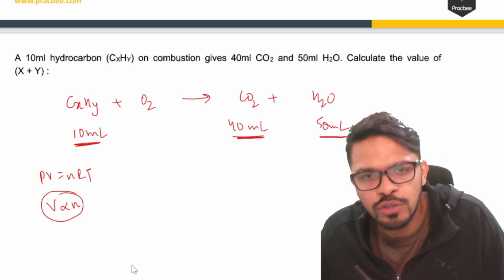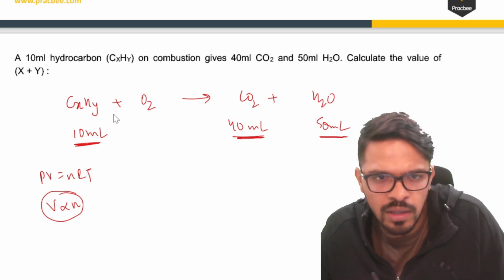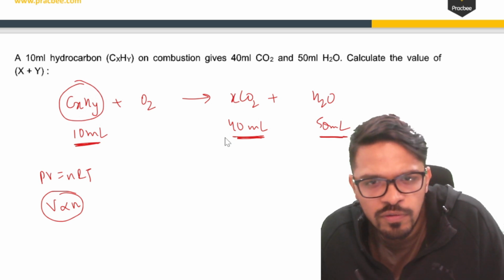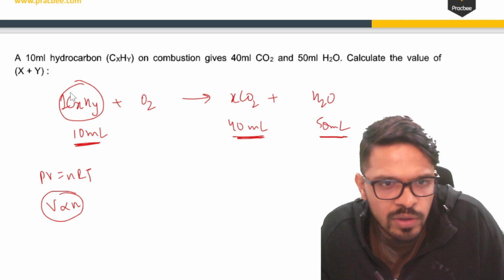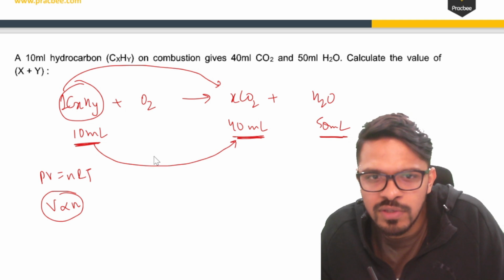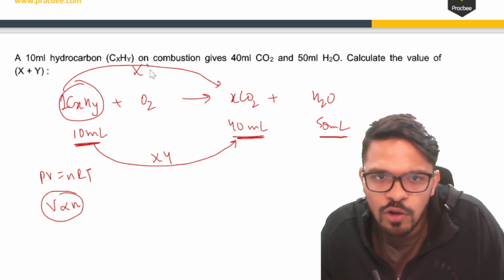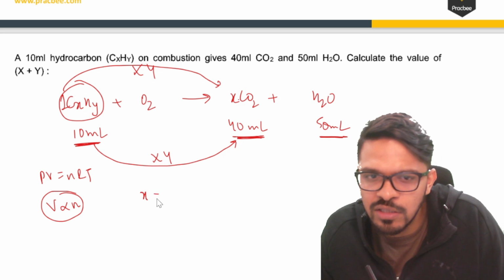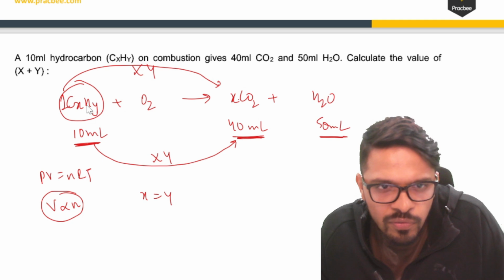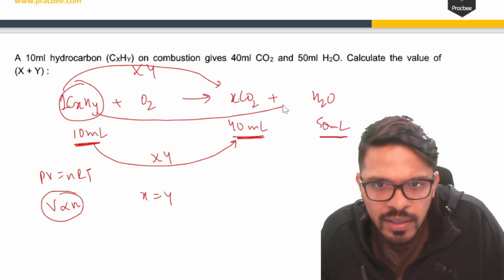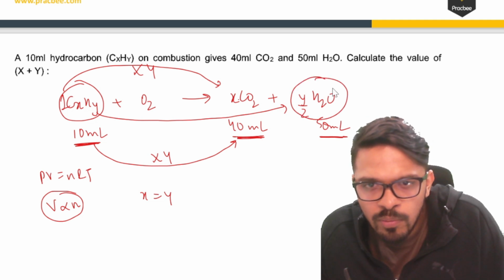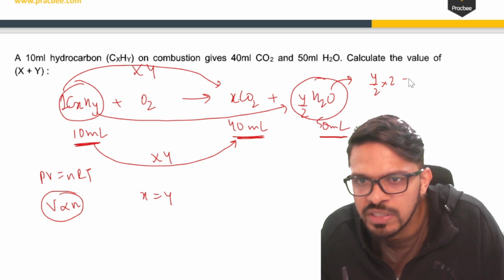So you can apply stoichiometry on the volume part as well. Carbon has x moles here, so we will need x moles of carbon here. From 1 mole of this, we are getting x moles of this. And from 10 moles of this, we are getting 40 moles of this, means we are getting 4 times. Means here also we should get 4 times. So it is clear to us x is 4. And if we talk about y, from 1 mole of this, I will get y by 2 moles of water, because total moles for hydrogen would be y by 2 into 2, which is y.